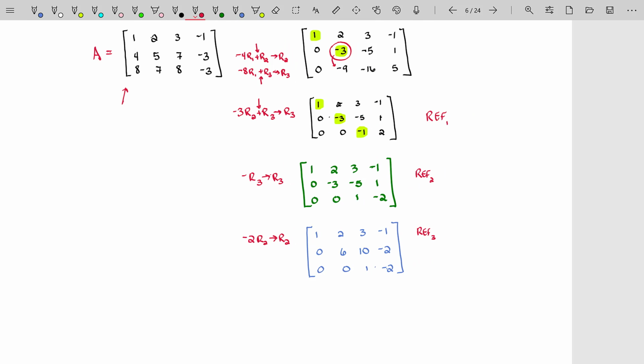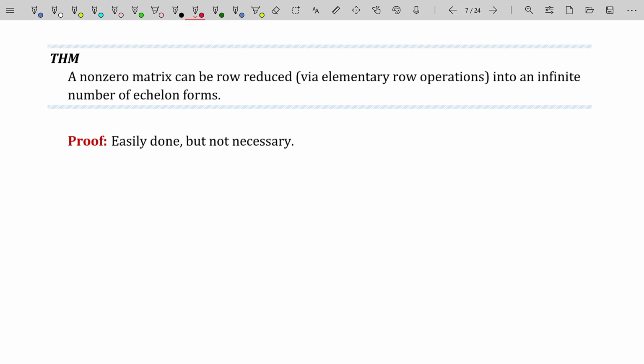And this brings us to a very important point about the echelon forms of a matrix. A non-zero matrix can be row reduced via elementary row operations into an infinite number of echelon forms. The proof is incredibly easy because all you're doing is you're starting with a matrix A, you're row reducing until you get to a matrix U, and then you can multiply any non-zero row, or let's say one of the non-zero rows, by any real number other than 0, and you get another version of a row echelon form matrix.